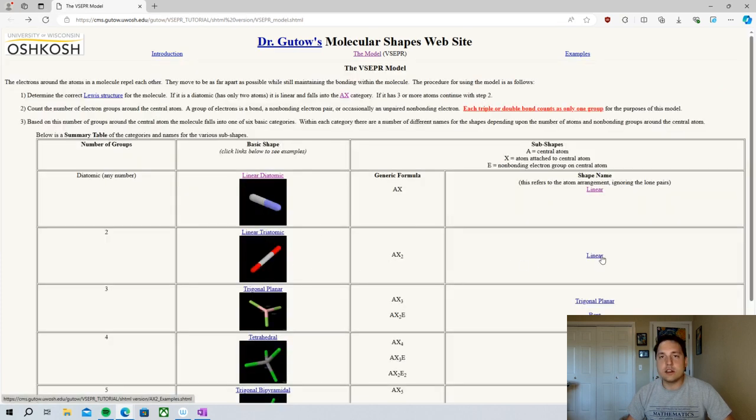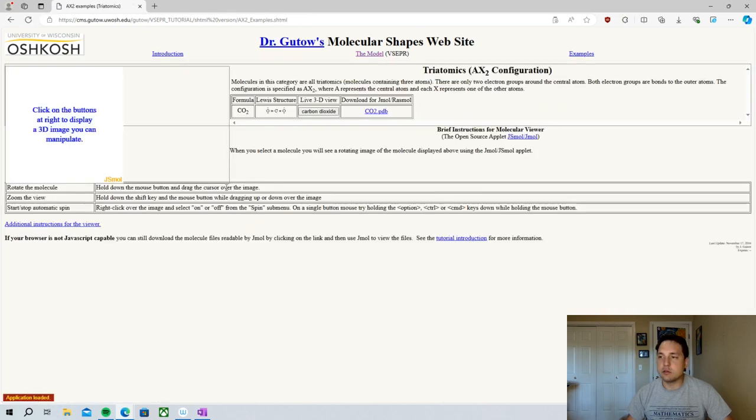If we go on to add 3 atoms, and this is where we're going to start, those 3 atoms can be arranged in a line, or they can be arranged in a different geometry. If we take a look at carbon dioxide, which has a carbon and 2 oxygens on either side of it, we see that this molecule is linear. That is, if I look down one end of it, I can't see any other atoms.